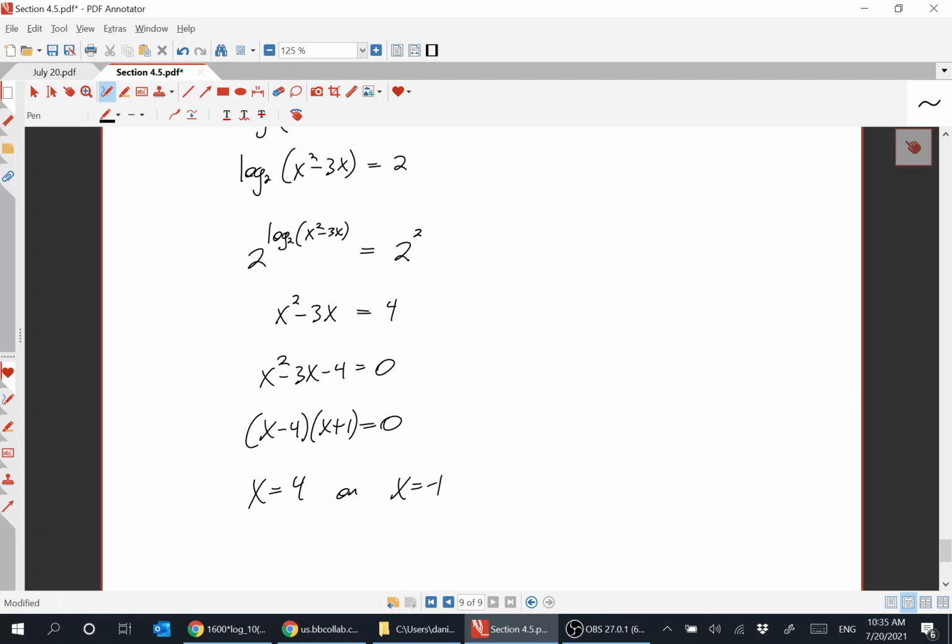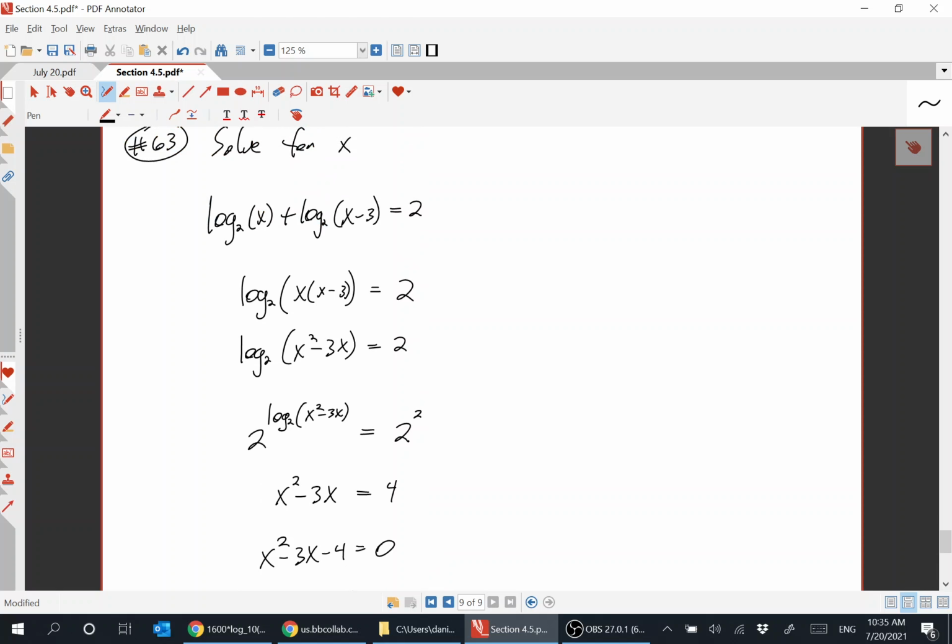But let's go back to the original equation. You can't plug in the negative number into this one or that one.